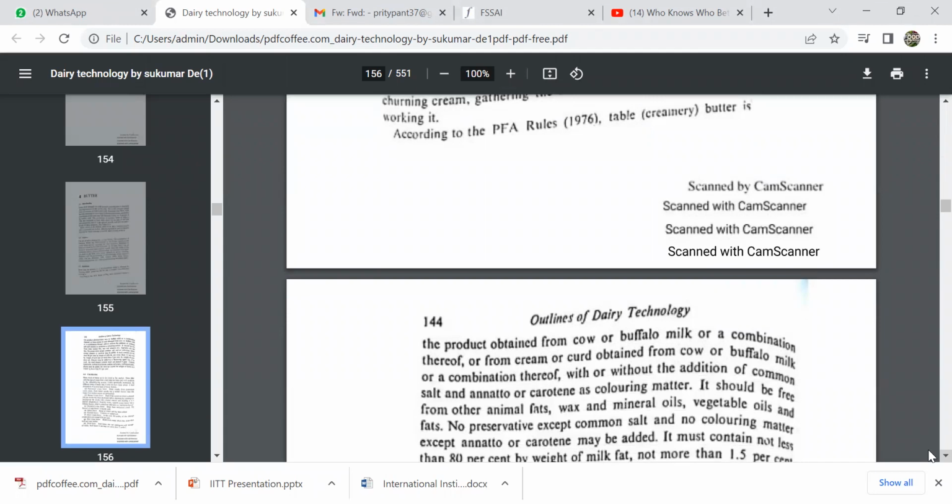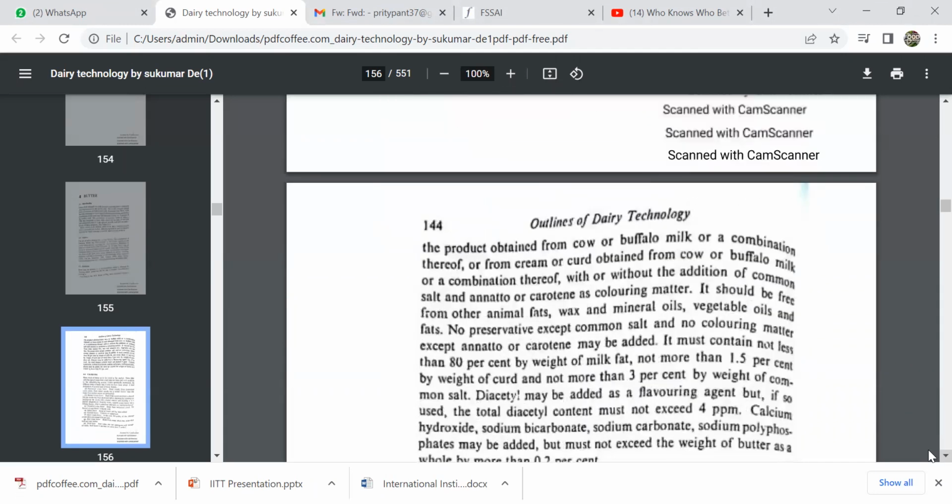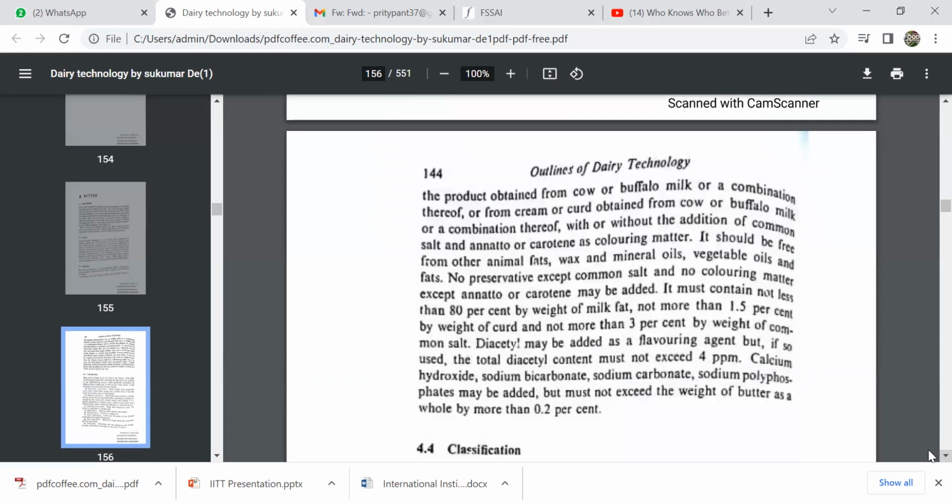I take the definition of butter according to the PFA Rule 1976, the definition of butter is the product which is obtained from cow or buffalo milk or the combination milk, or we can get it from the cream or curd, which is also prepared from the cow or buffalo milk, with or without the addition of common salt and annatto or carotene as coloring matter.